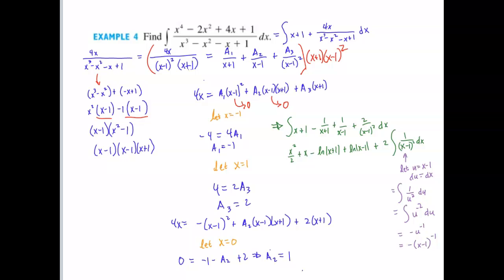All right, so final answer. We're going to have x squared over 2 plus x. I'm going to combine those natural logs. You can reverse their order and it would be subtraction, right? So it would be plus natural log of the absolute value of (x minus 1) over (x plus 1).